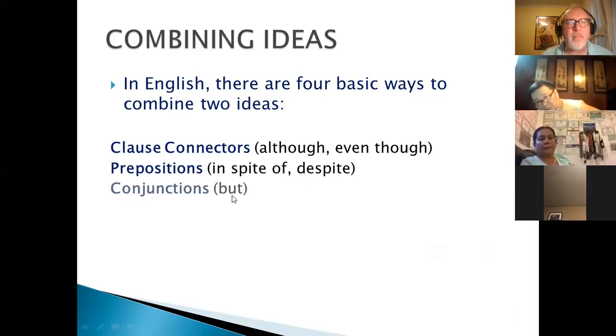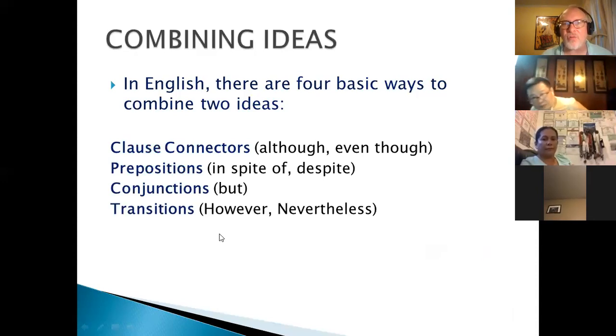Conjunction, only one: but. And transition words, which are those longer words. Again, transition words are usually two words stuck together: however, nevertheless. They're two words, but they're stuck together to make one word.